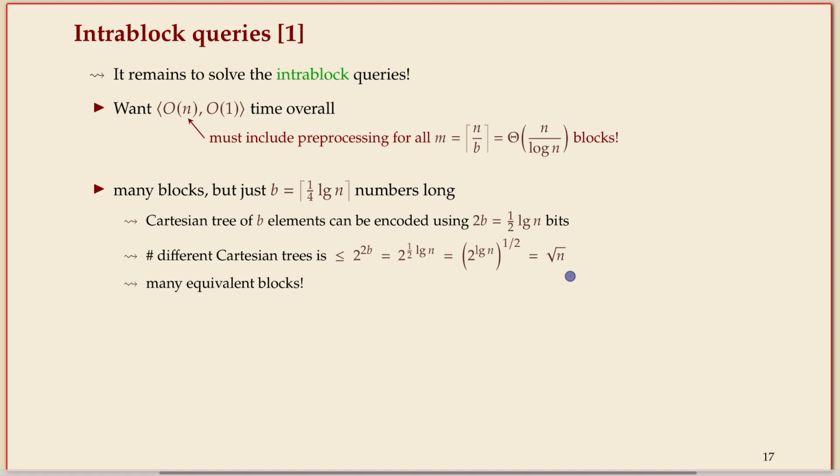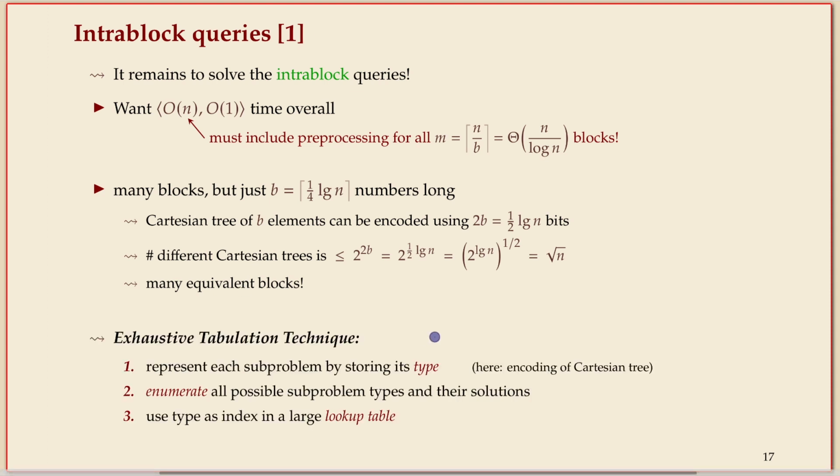So in a way, we're pre-computing all solutions for each of the possible ways that the blocks could look. And the magic that makes this work is that there are square root n different types of blocks, in how they can look locally, but many more blocks. So we will have a lot of blocks that look exactly the same through the range minimum lens. Many equivalent blocks.